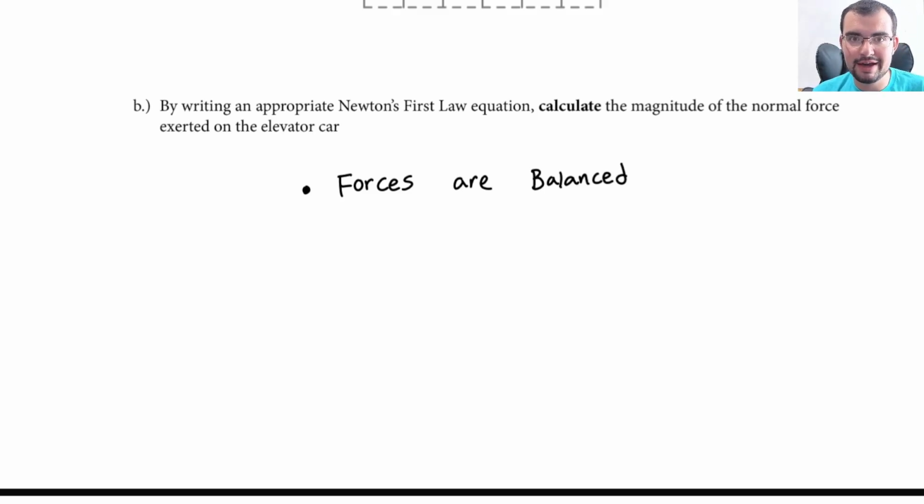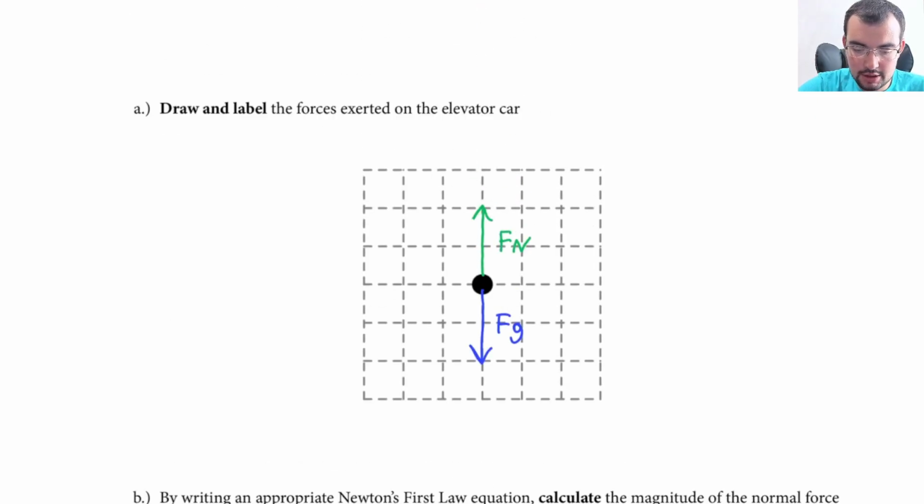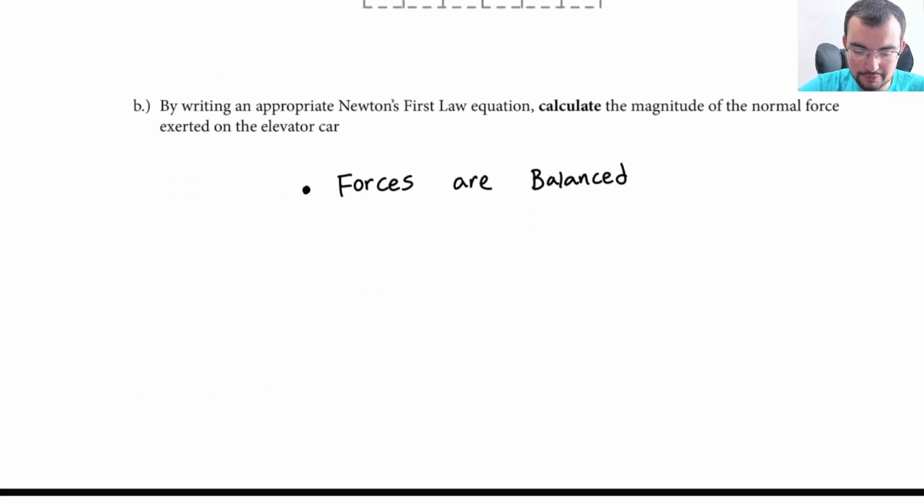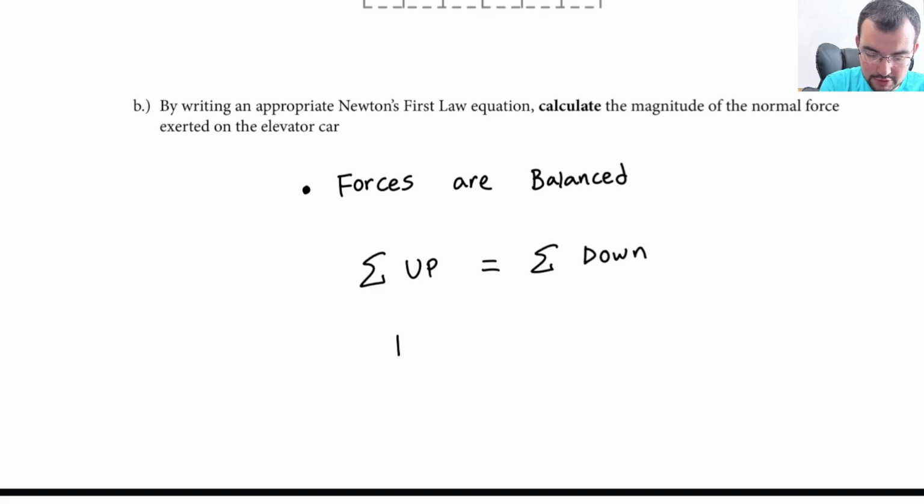I am a big fan of the left equals right, up equals down approach. Here we just have vertical forces, so I set the sum, sigma, the sum of the upward forces equal to the sum of the downward forces. The only force up is the normal force. The only force down is the gravitational force.